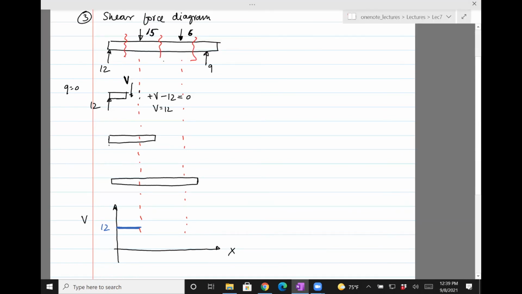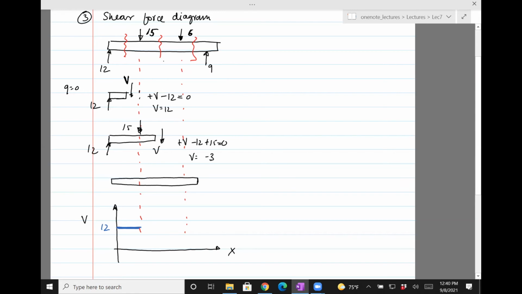So now we have this. Let's redraw the forces, 15. And again, let's stick to our convention. V is positive downwards. So I can write now positive V minus 12, because 12 is upwards and 15 is downwards, equal to 0. So V equals minus 3.